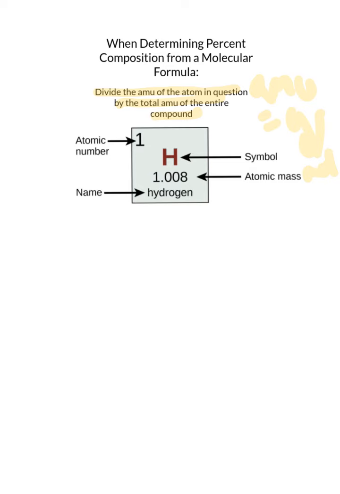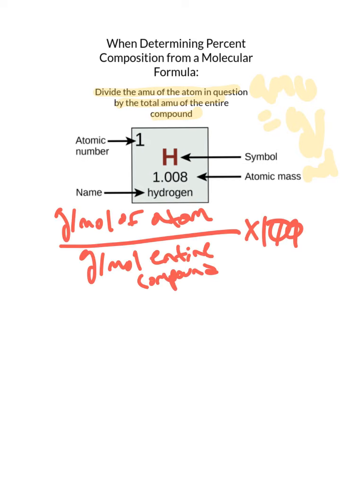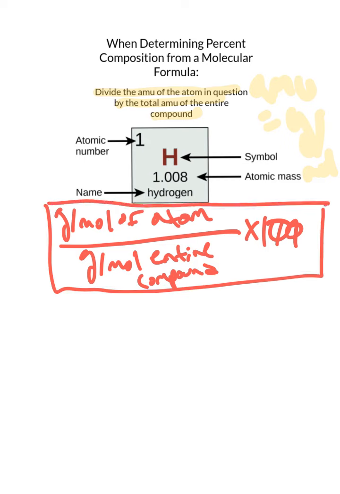So the AMU for the entire compound, just as a refresher, can be calculated by solving for molecular mass, which was covered in the video on how to quantify matter. For a specific atom in question, this would be the formula that you would use to get the percent composition of that atom. An example of doing this that I will outline is NH3, or ammonia.